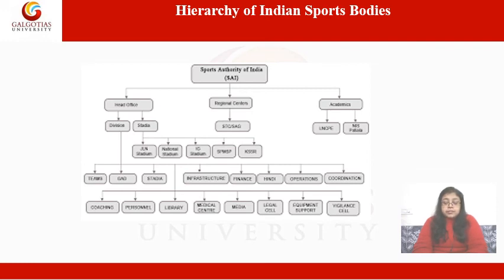At the same time, the International Olympic Association also has associations at state level, that means at country level. That is a different structure which goes hand in hand with the domestic structure in India, which is governed by SAI, the Sports Authority of India. This structure shows a small bird's eye view of the governing structure of SAI.